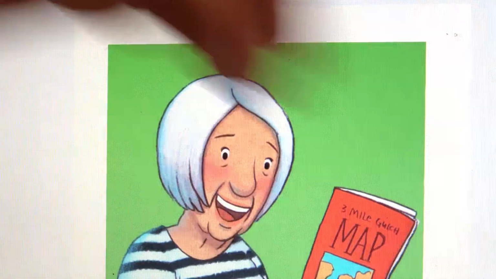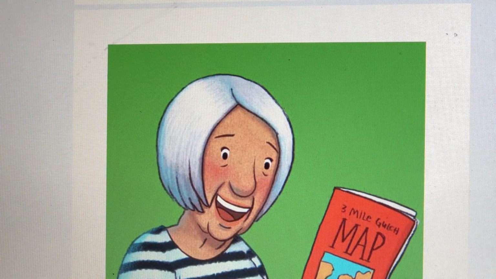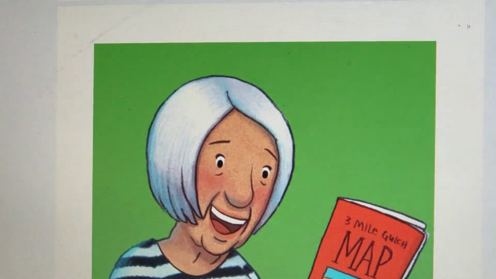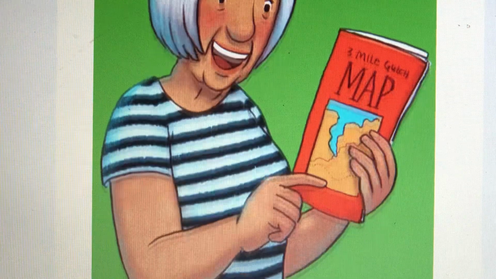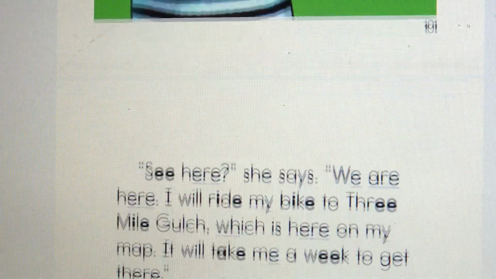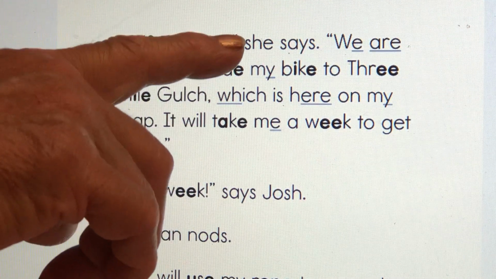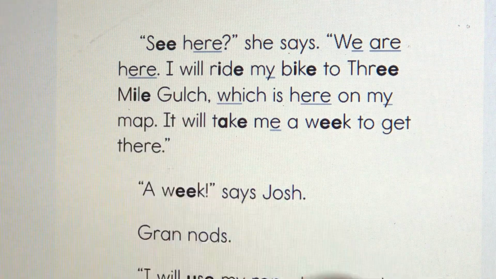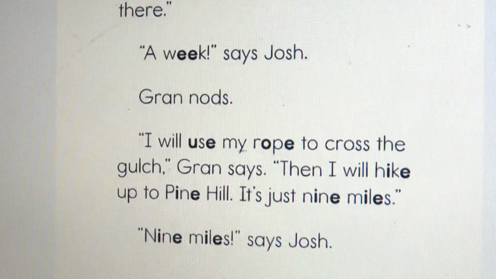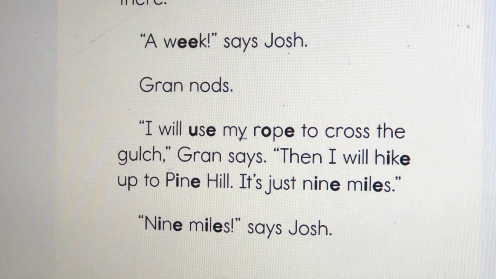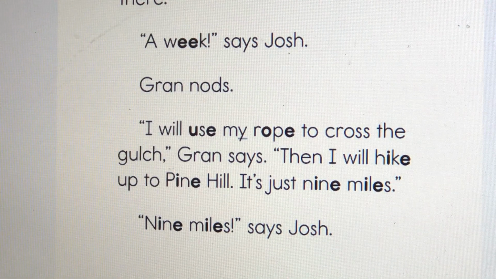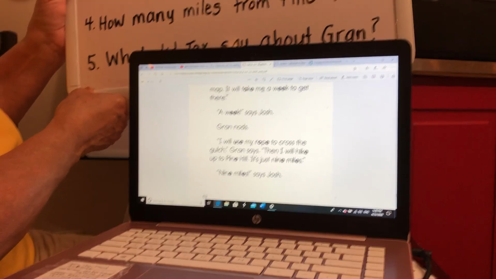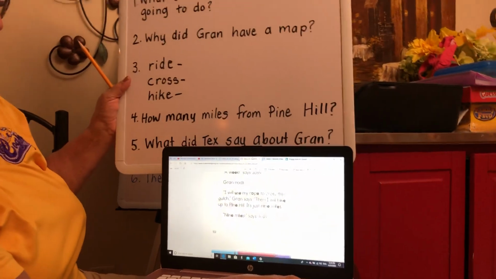So then we talked about 3 things that she was going to do: ride, cross, and hike. So let's see what she says first. I bet we know ride. She said she was going to ride her bike to 3 Mile Gulch. And then she said she was going to use the rope to cross the gulch. So we said ride her bike, cross the gulch, and then hike. Let's find hike.